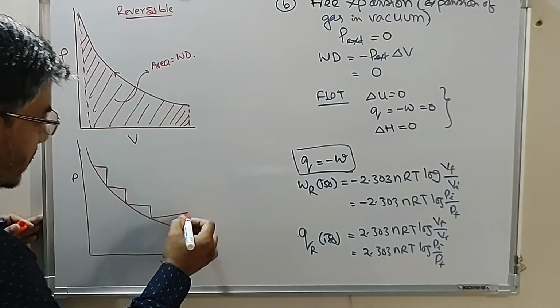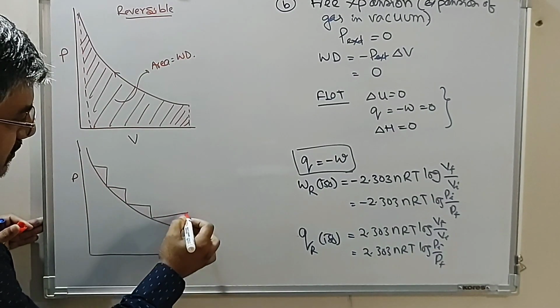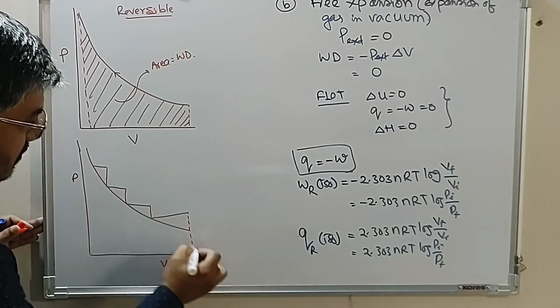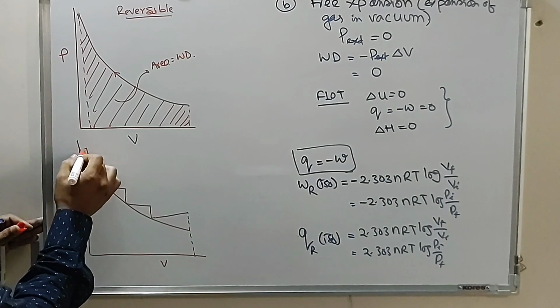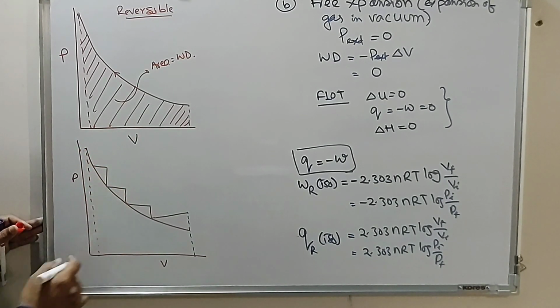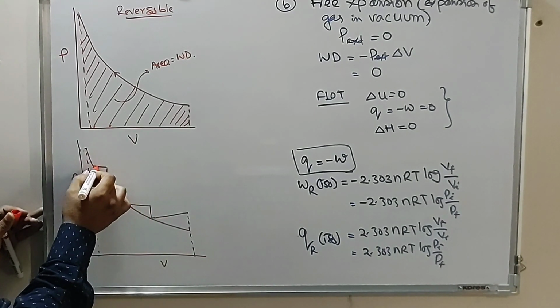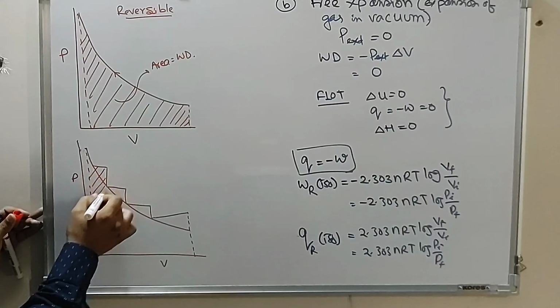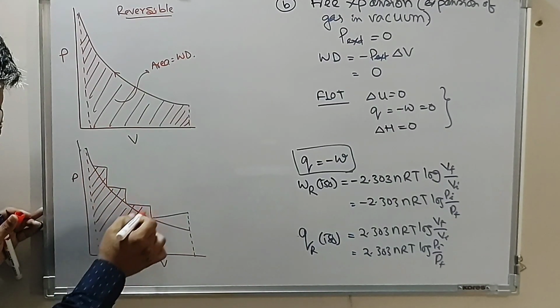Because in each and every step there is a finite change, this total area is the net work done.